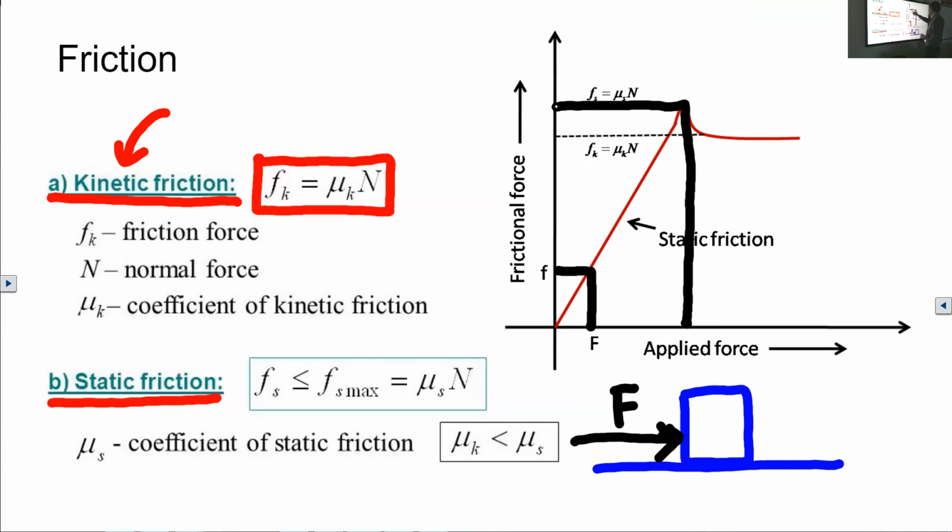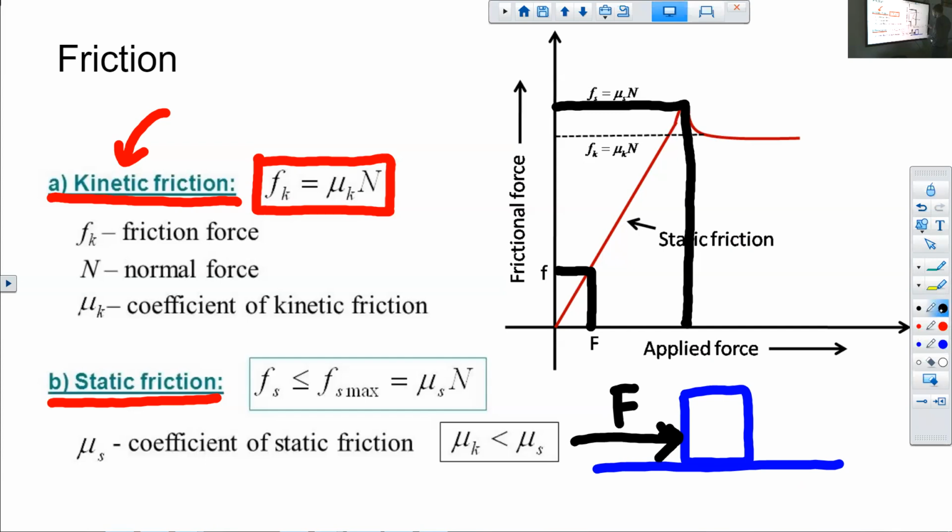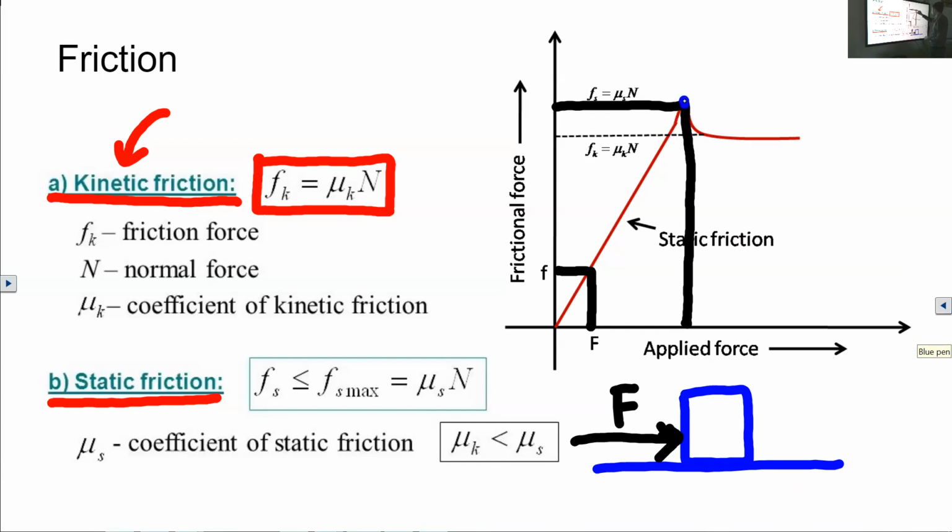Once we go any larger than this, now we start sliding. And that's what this drop off is here. If we ever break this point, then suddenly the block starts sliding and friction drops. Because again, kinetic friction is less than static friction.